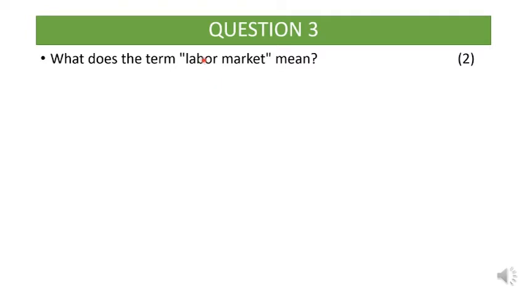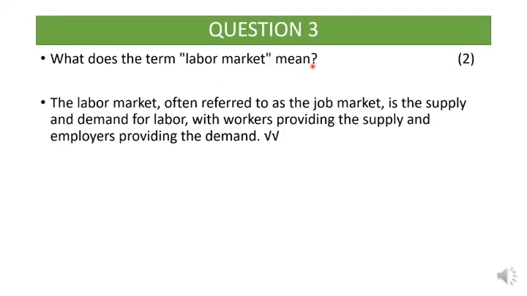Question 3. What does the term labor market mean? Labor market is often referred to or is also known as the job market. It is the supply and demand of labor, with workers providing the supply and employers providing the demand.